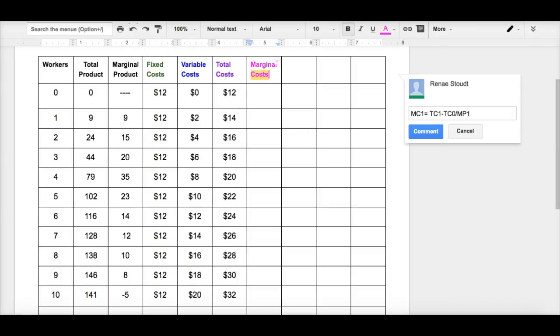So I'm going to write it out over here this way. Marginal cost at 1 worker is equal to the total cost at 1 worker minus the total cost at 0 workers, all divided by marginal product at 1 worker.